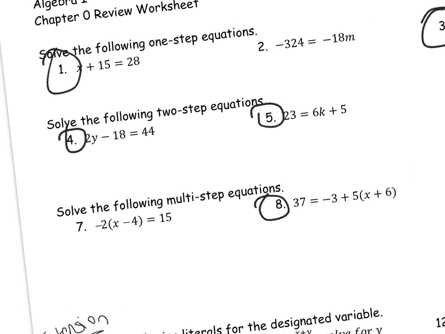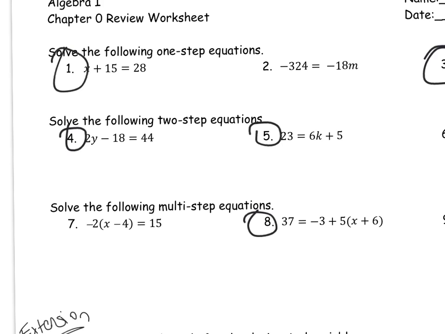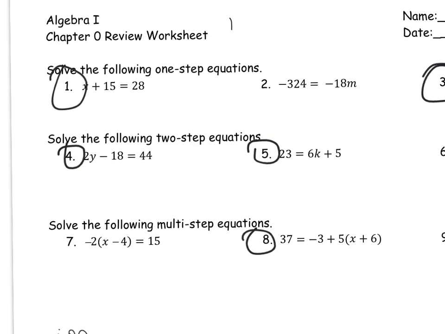Here we go. Solve the following one-step equations. x plus 15 equals 28. Well, remember, when we're solving, we need to follow order of operations from reverse order. That's a D right there. Okay, so start with addition and subtraction, and then work your way up to multiplication, division, and then exponent and parenthesis.